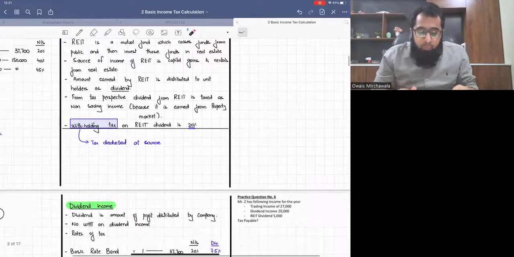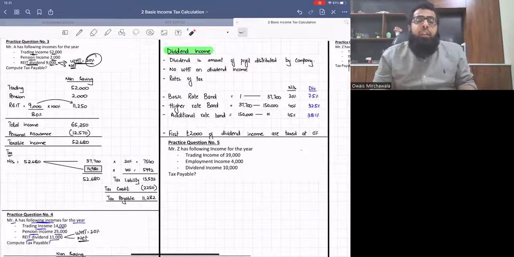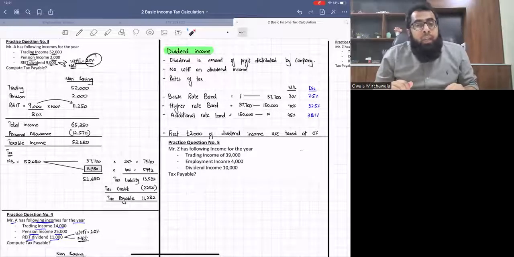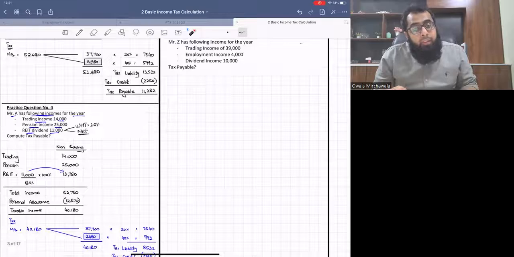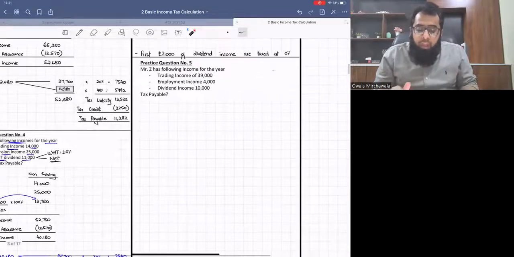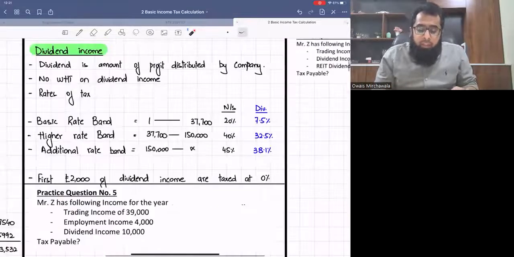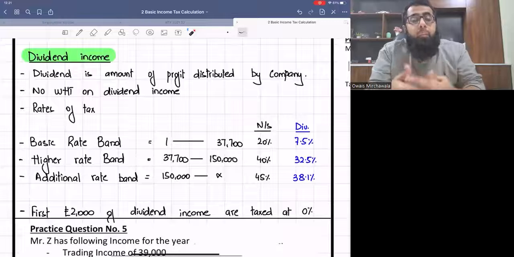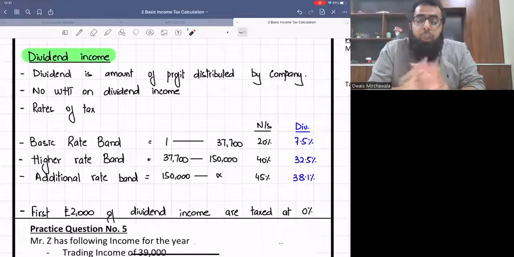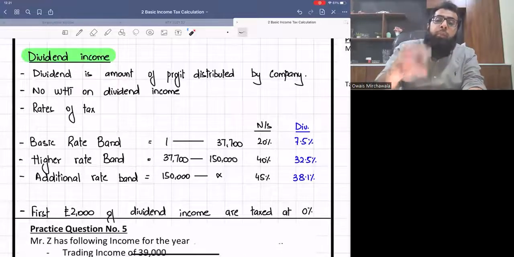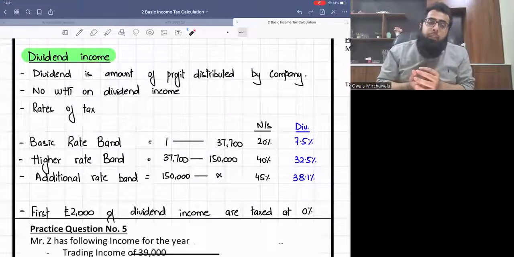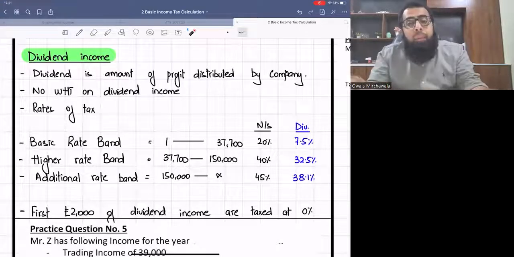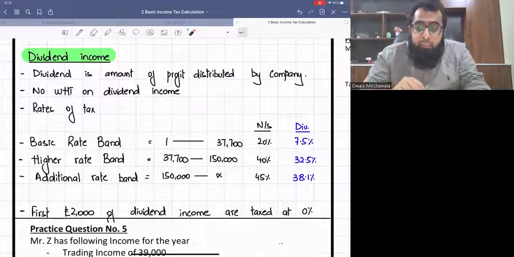We discussed two practice questions on that, on how we deal with withholding tax and how it is adjusted in the final tax liability. Today we are moving forward and discussing one more concept, which is dividend income. We will be adding concepts and continuing the practice questions so that things remain clear in your mind.